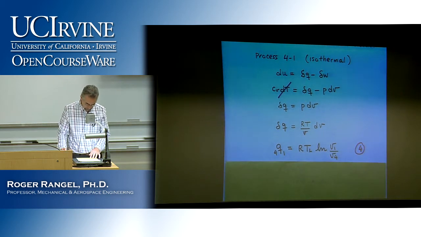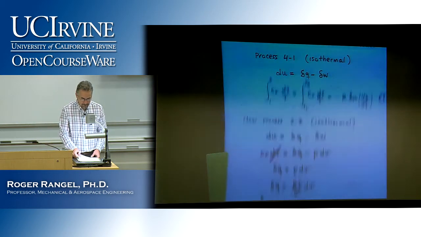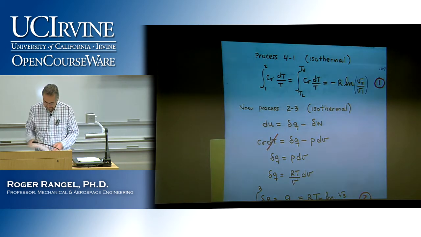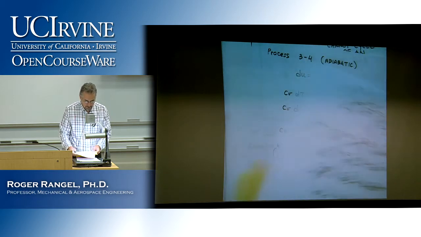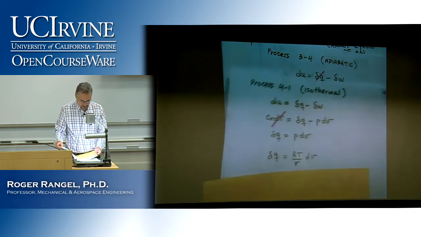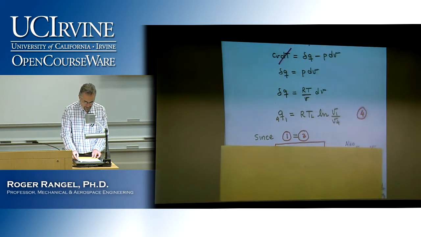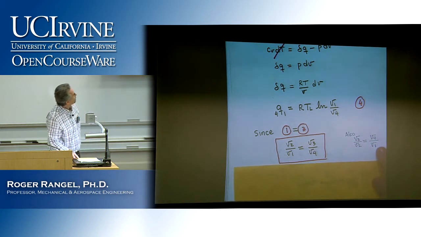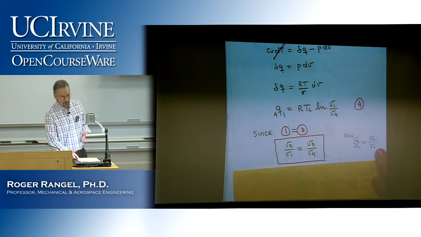All right? So now we're going to start using them. The first one I already told you. If we took the first one here and notice that it is the same as the third one, then we set them equal to each other. Because the first one and the third one are the same. So I find this nice relationship between the volumes.